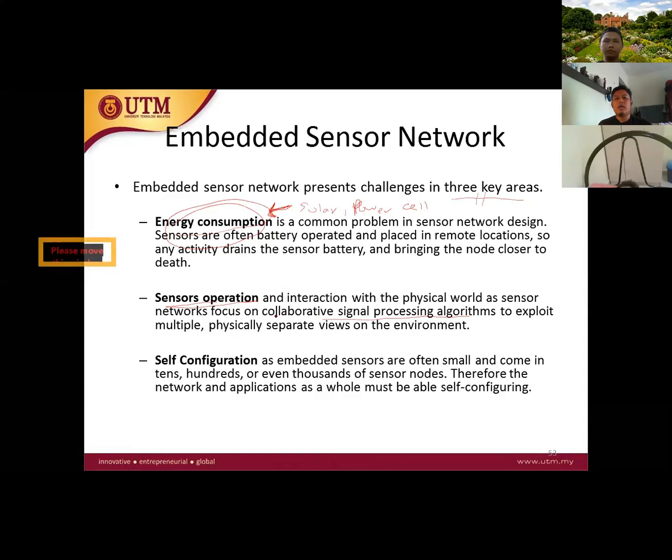Basically, if you have a wide sensor connection with many sensor nodes, of course there will be one gateway to the internet.